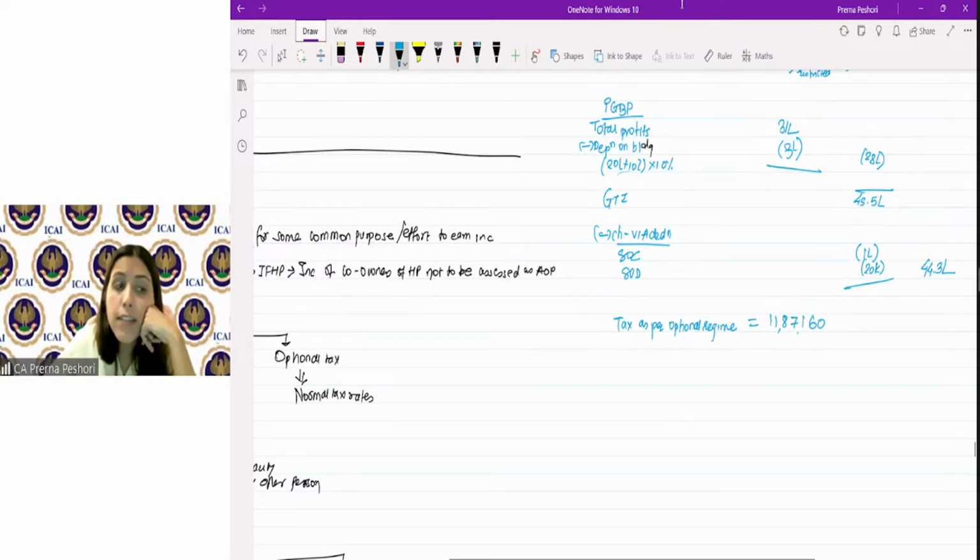Yes, Sandhya, you cannot take Chapter VI-A deduction under 115BAC, but I am not computing as per 115BAC. I am going as per the optional regime to see if it is beneficial to go under the optional regime and claim 35AD, claim Chapter VI-A, or then I will compute as per 115BAC to see if that is more beneficial.